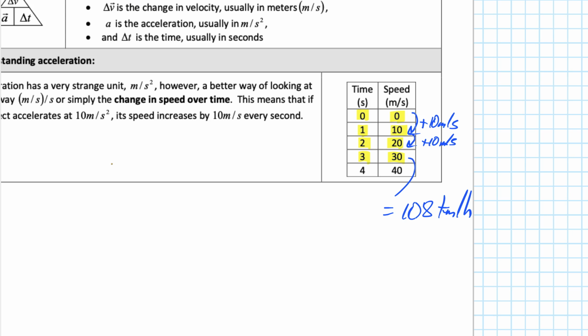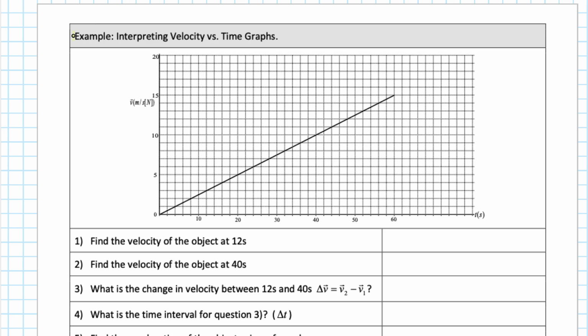The acceleration due to gravity on Earth is approximately 9.8 meters per second squared. So this means after about 3 seconds of free fall, you are traveling at highway speeds. Of course, this is ignoring air resistance and all that stuff, but we'll get into a little bit of that later. Okay, so for the first example, we're going to interpret these velocity versus time graphs.